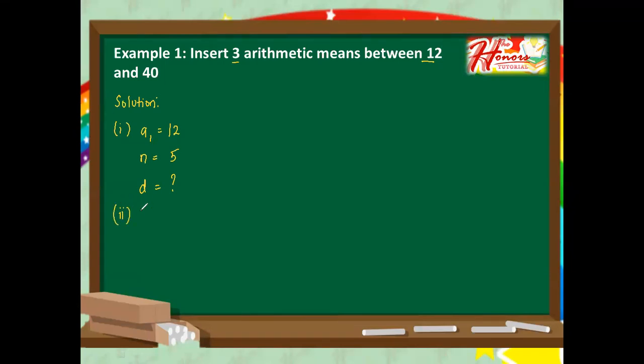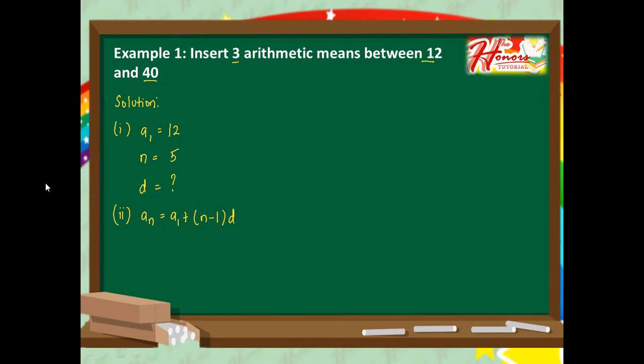Step 2. Let's use the formula that we had earlier. So that is a sub n is equal to a sub 1 plus the quantity of n minus 1 d. Okay. So for a sub n, that is the last term that we have, and that is 40.